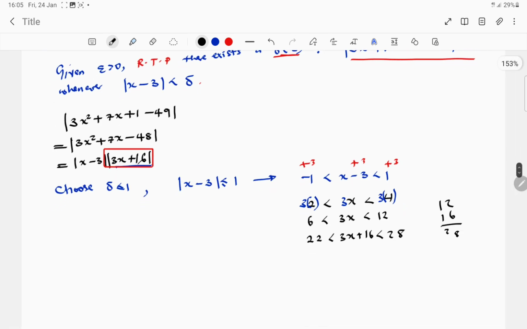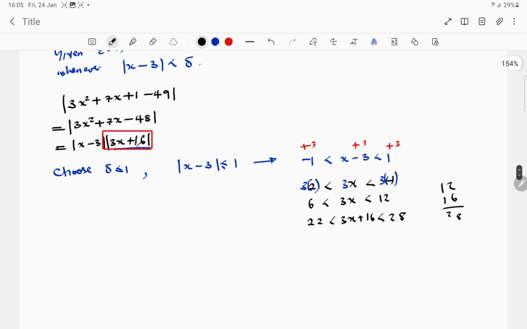After finding the bound for 3x plus 16, we go back into this function. We now have |x - 3| times |3x plus 16| is less than 28 times |x - 3|. 28 is coming from here. We just want the upper bound, so 3x plus 16 is actually less than 28.